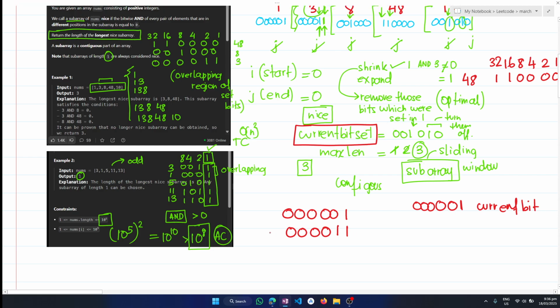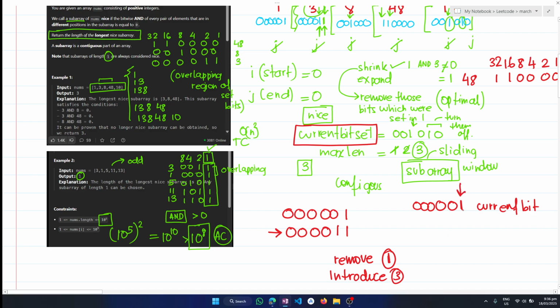But when I tried to introduce 3, you very well know that this particular bit and this particular bit had a clash. So I said I need to do two operations. I first of all need to remove 1 from the window, and I need to introduce 3 inside my window. So in order to remove 1 from the window, I need to turn this bit off.